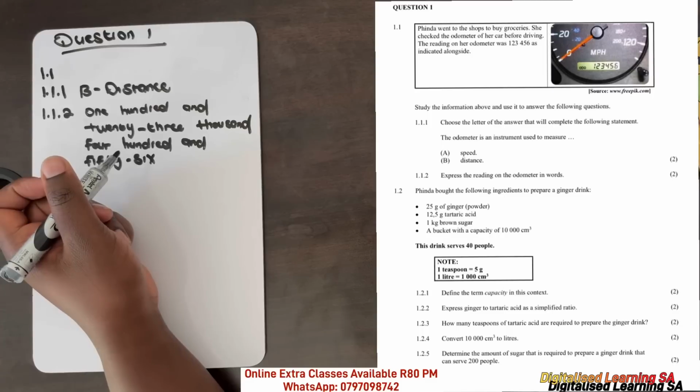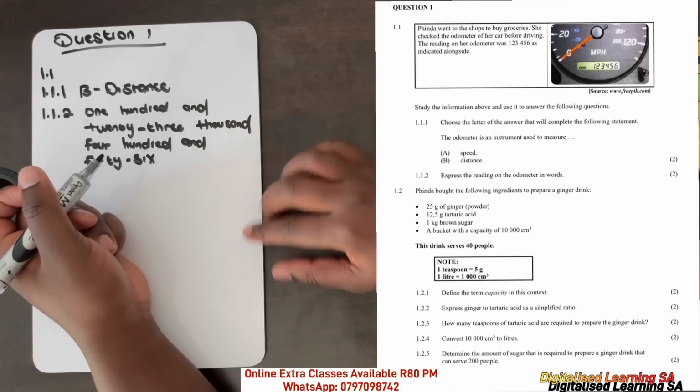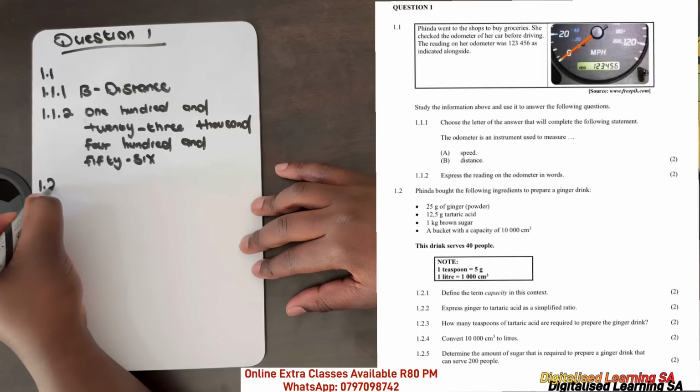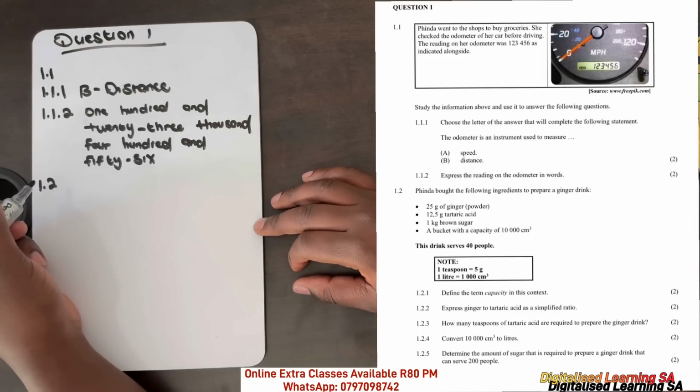Now let's move to the next set of questions, which are question 1.2. We are told that Pinda bought the following ingredients to prepare a ginger drink.